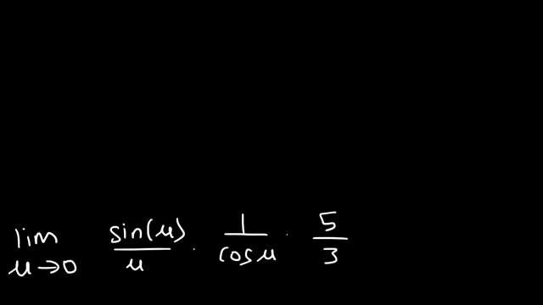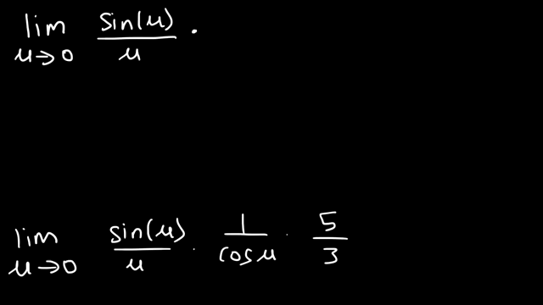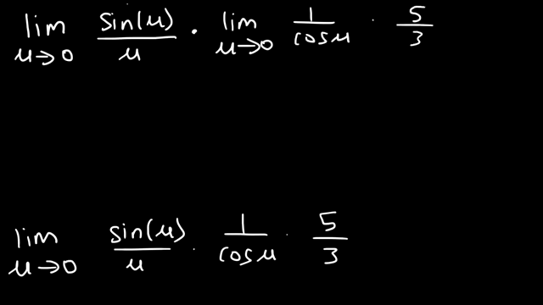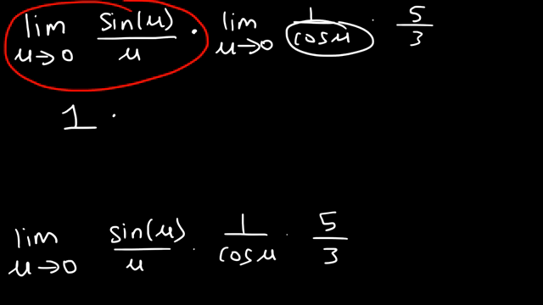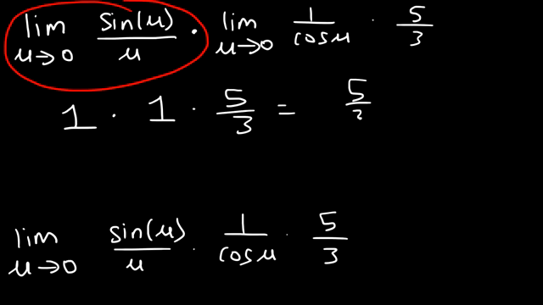So, using the multiplication property of limits, we now have the limit as u approaches 0 of sine u divided by u times the limit as u approaches 0 of 1 over cosine u, times 5 over 3. So this expression, we know it's equal to 1. Now, cosine of 0, we can use direct substitution for this one. Cosine of 0 is 1, and then we have times 5 over 3. So therefore, this is going to be the answer, 5 divided by 3.